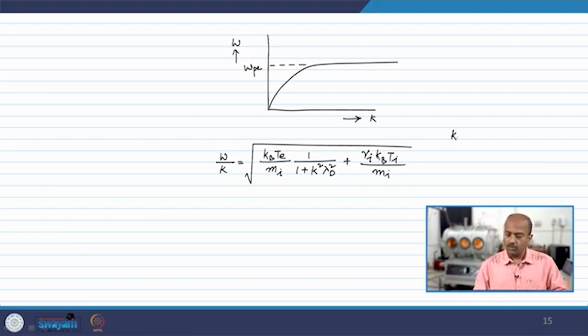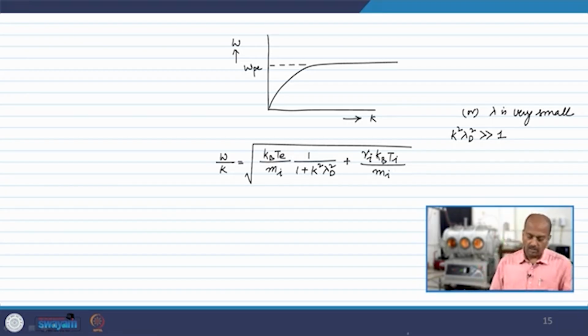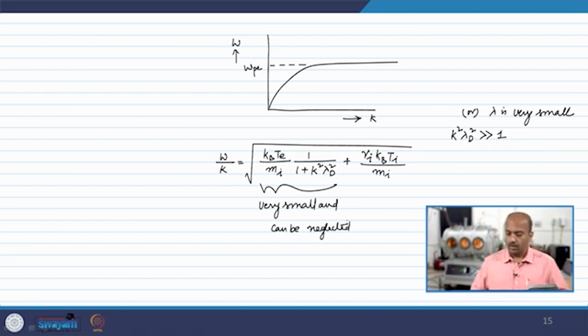When k square lambda_D square becomes very large, or when lambda is very small, we can say that this term becomes very small and can be neglected. Right.